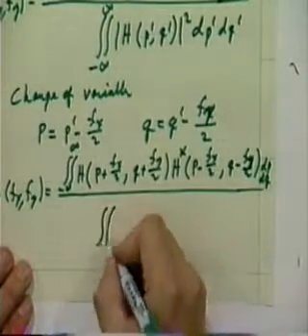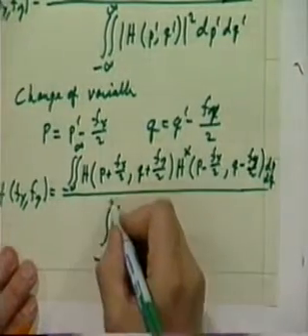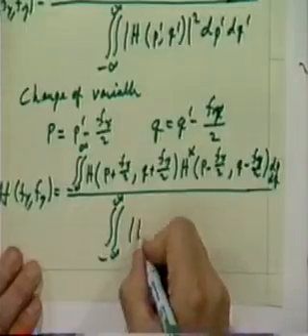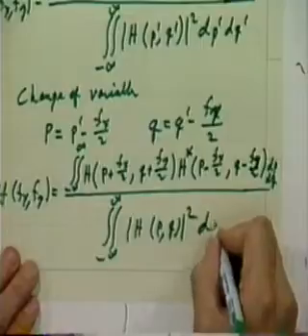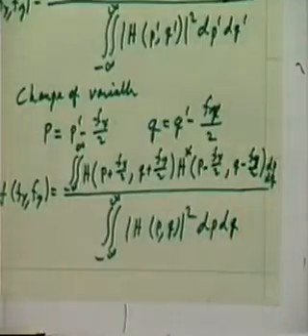And again, we normalize this by the integral of the magnitude of H of p and q squared dp dq.